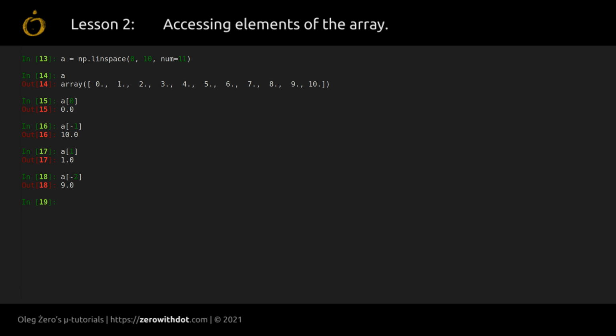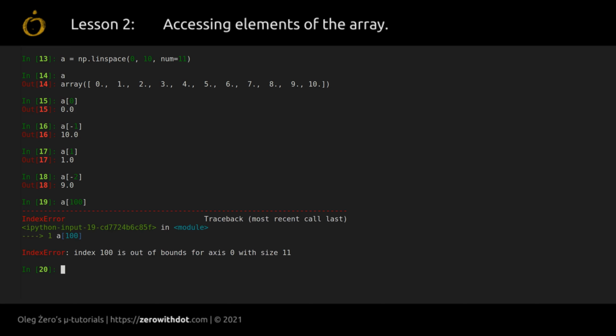The first thing that we must not do is exceed the array. If we put 100 and A does not have 100 elements, we're going to get an index error, and that's intuitive. The second thing that we cannot do is pick a few elements from the array just like that using a comma.